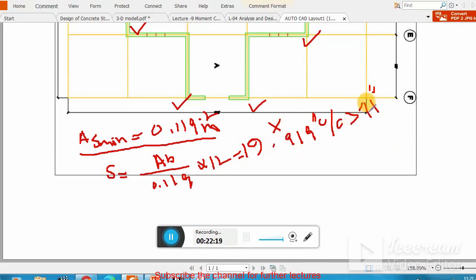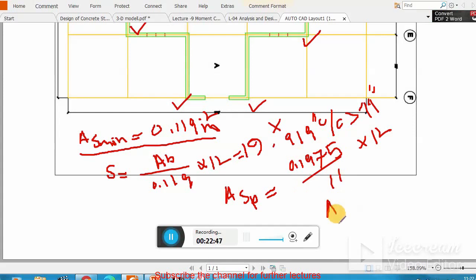So if I am using 11 inches center to center, then what will be my As provided? Again As provided, so that's why I am calculating 0.1975 times 12 divided by 11.